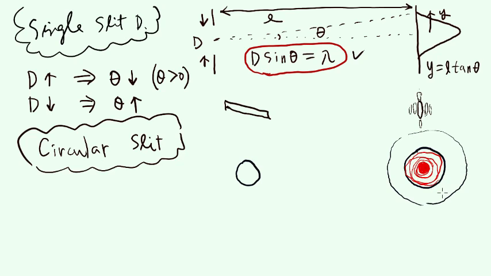And black is dark, and then it'll be somewhat bright here. This is my feeble attempt to draw the intensity here. I'm failing here, but anyway, you get the point. So this central peak is very bright.